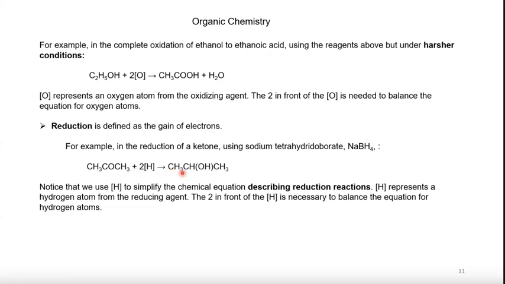And then what we get is an alcohol. We will name it later. Notice that again we use H here to simplify the chemical equation describing reduction reactions, and H represents the reducing hydrogen atom from the reducing agent, and 2 in front of it is for balancing the reaction. That's what it is about.